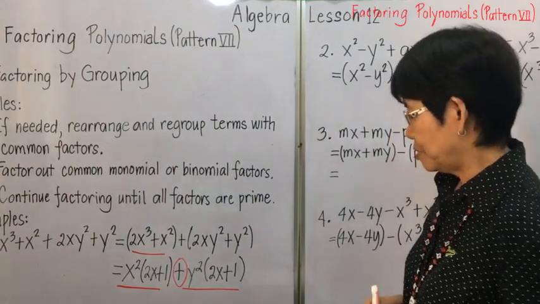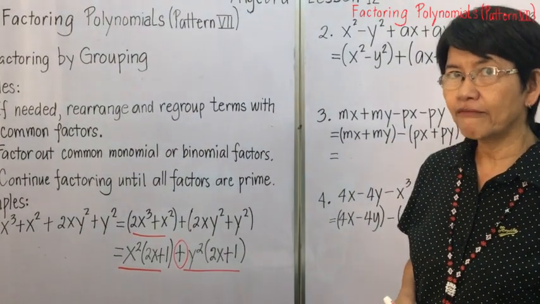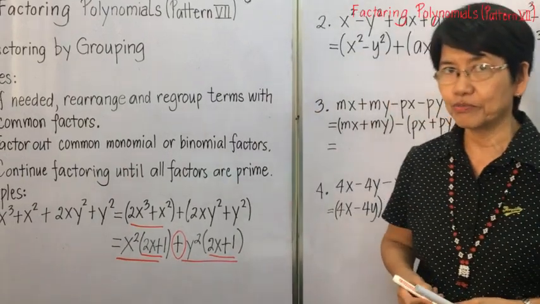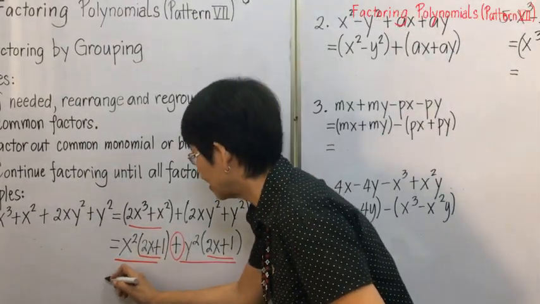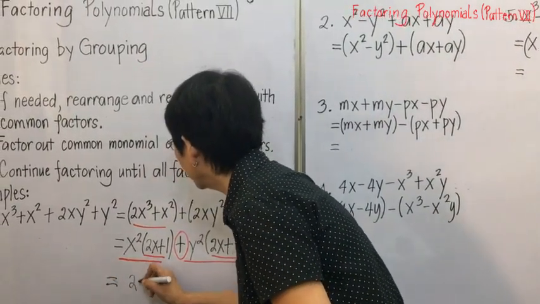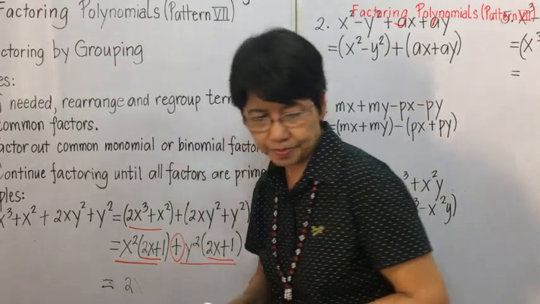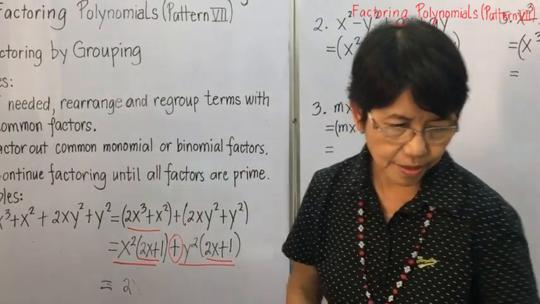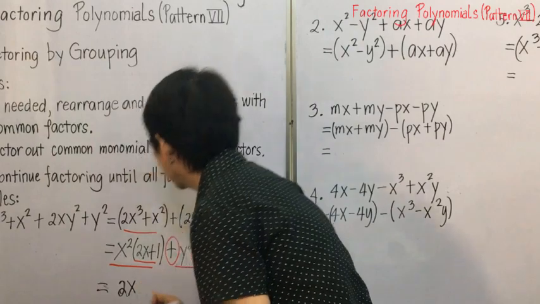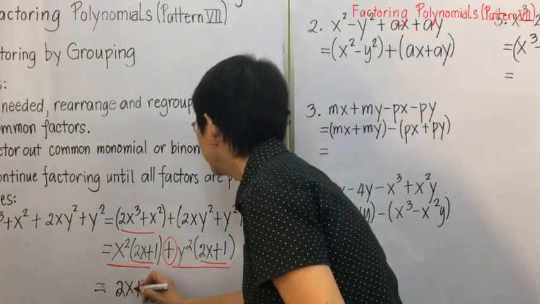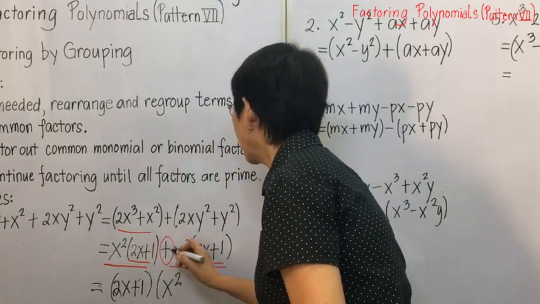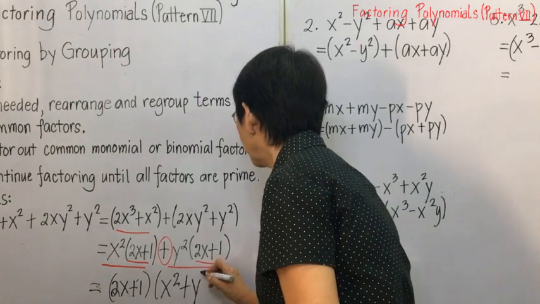If you look at the two terms, there is a common binomial factor. So we have this and we can factor out the common binomial. So the next step is your factors will be 2x plus 1 times x squared plus y squared.